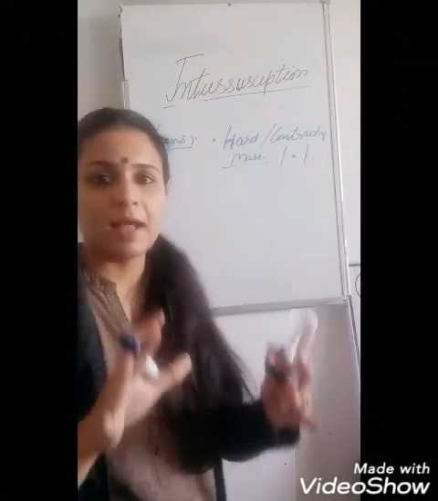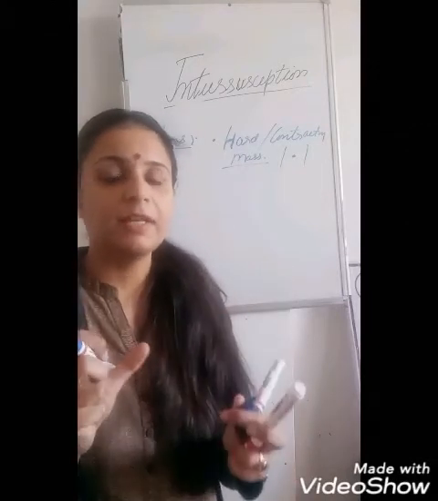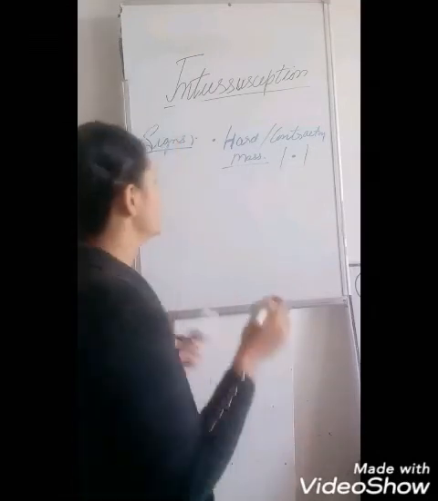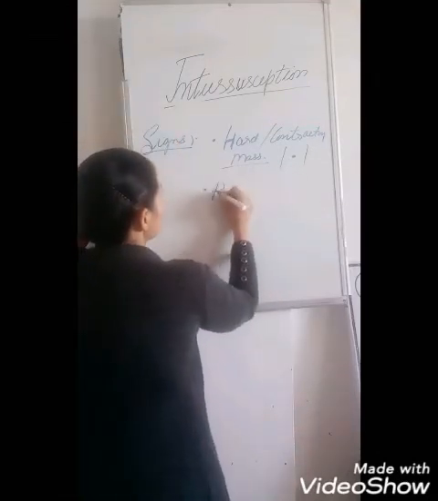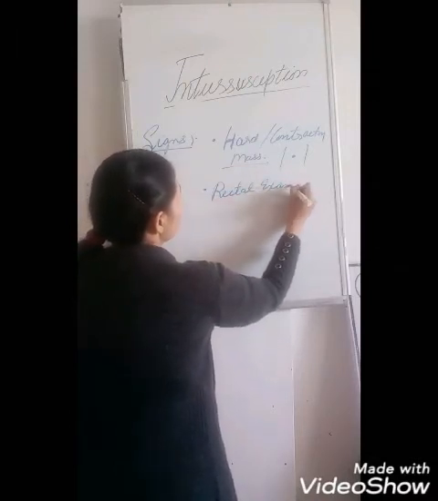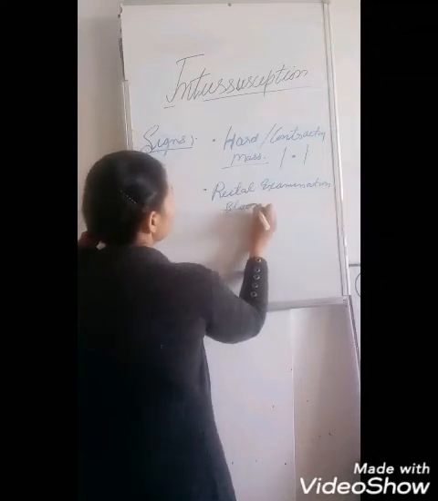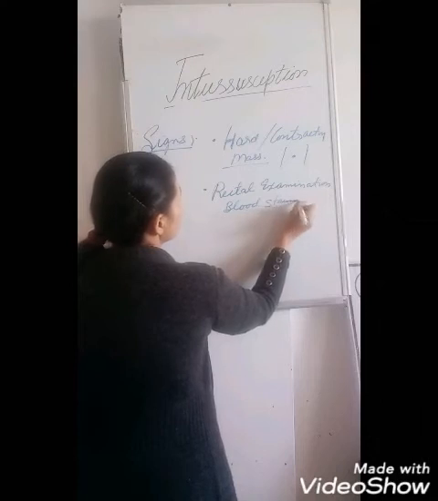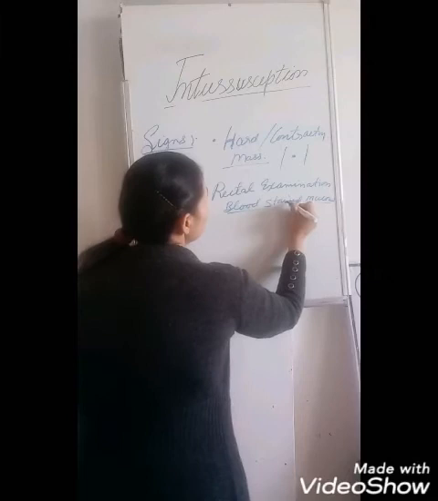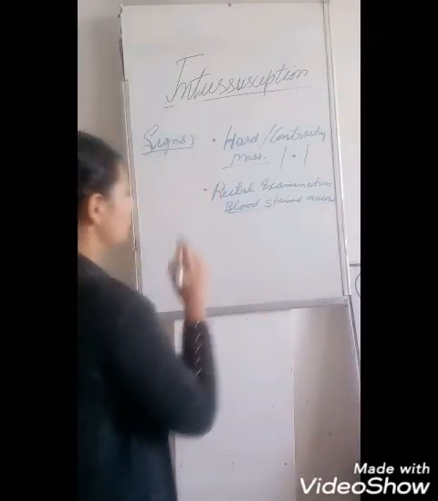When you examine the baby, you will feel the hard contracting mass at that area. Then there is rectal examination. When you do rectal examination, you will notice blood stained mucus on the finger.